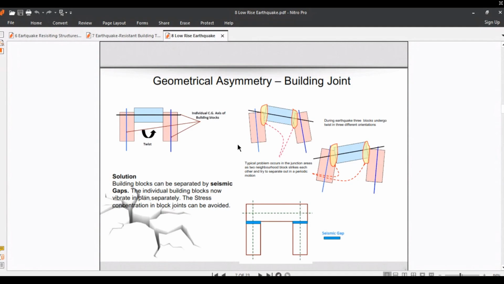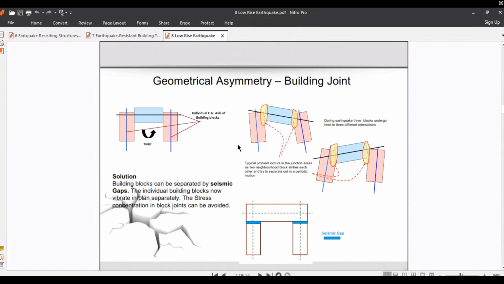Solution of these problems: to solve these problems in geometrical asymmetry of building joints, building blocks can be separated by a seismic gap, as shown in the schematic shape at the bottom of this slide.